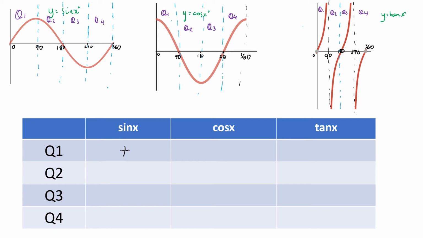In quadrant 2, if I picked a value in between 90 and 180, say 170, and typed in sine of 170, I would get a value that's above the x-axis, so it's going to be positive.